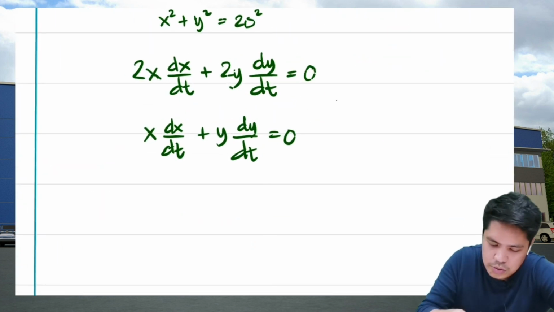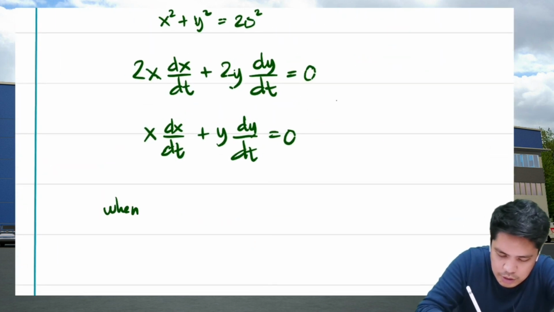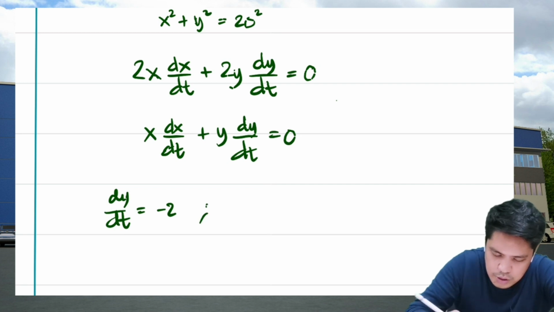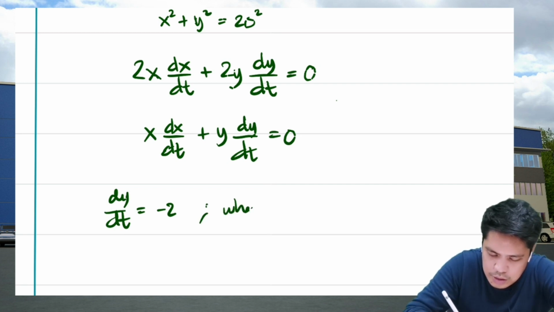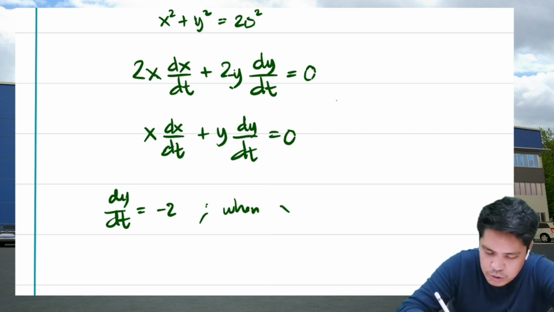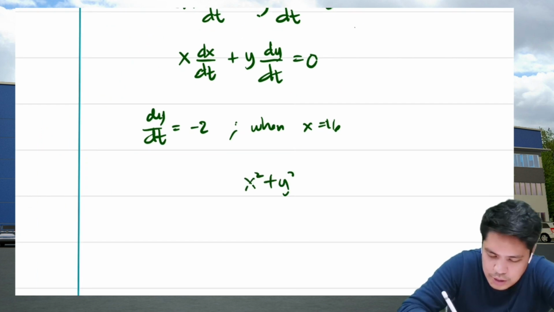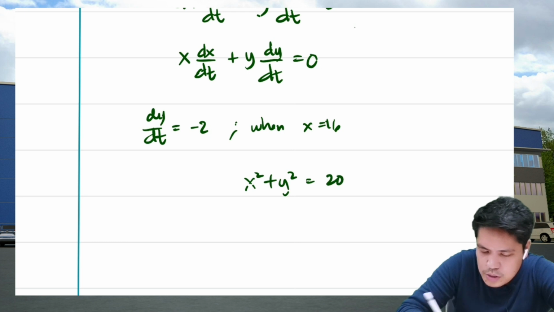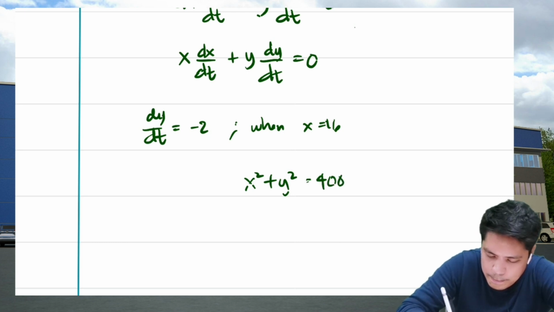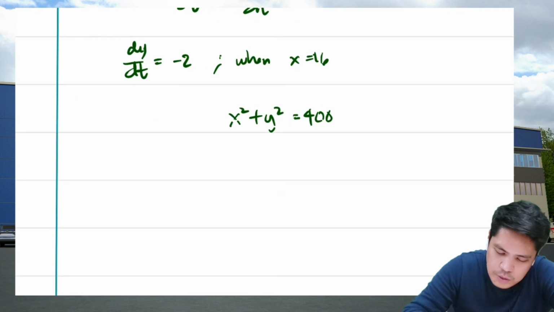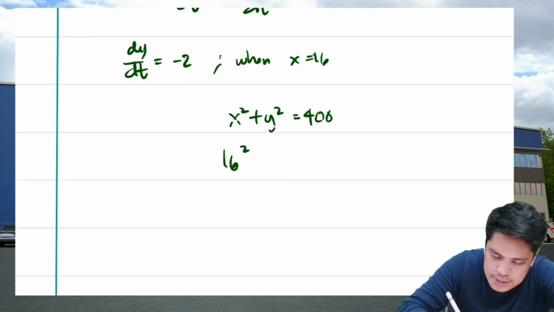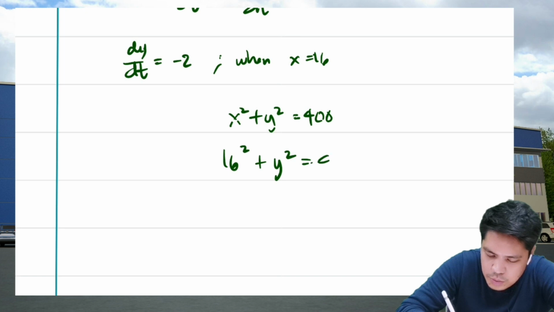Okay? So here we put dy over dt, given as negative 2, and this is our condition when x is equal to 16. So when x is equal to 16, we could solve for the value of y, right? Because we know that x squared plus y squared is equal to 20 squared or 400. So solving for y, 16 squared plus y squared is equal to 400.